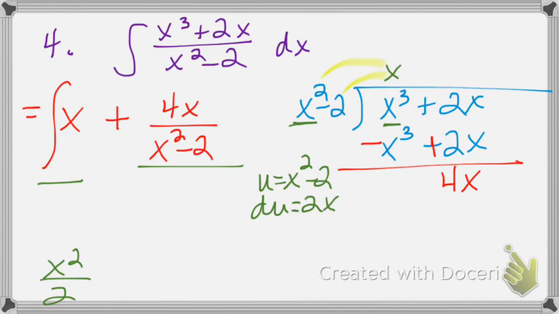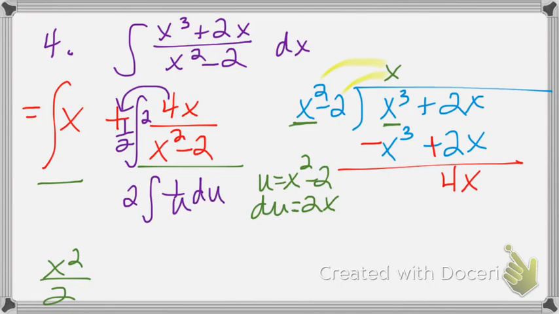And if you want to think about it the way we've done in the past, you put a 2 in, you take a half out. This 4 can also come out. So this is really 2 integral 1 over u, which we know the antiderivative is 2 natural log of u, or x squared minus 2, plus c.